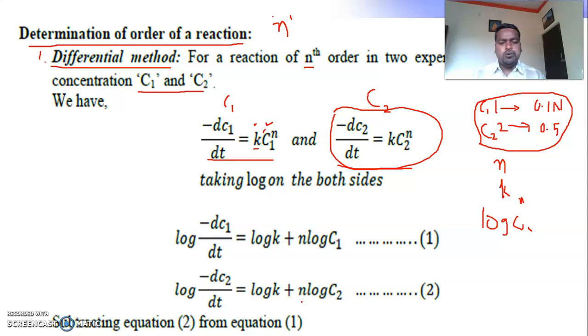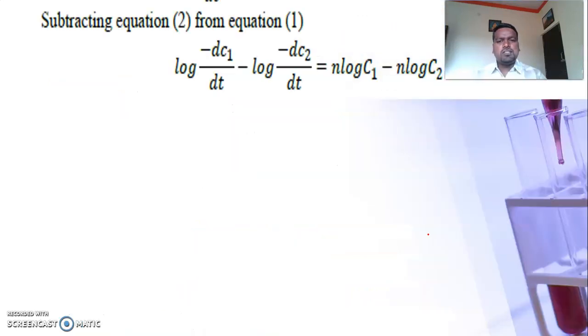You know how we have got n log C2, and if you apply the basic rules of logarithm, you are going to get this expression. Then subtract equation 2 from 1, and after subtracting, you get log of minus dC1 divided by dt minus log of minus dC2 divided by dt is equal to n log C1 minus n log C2.